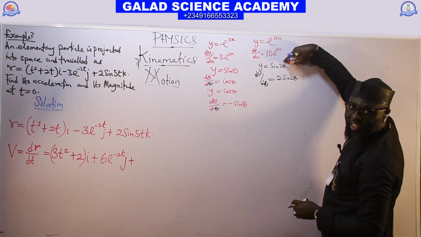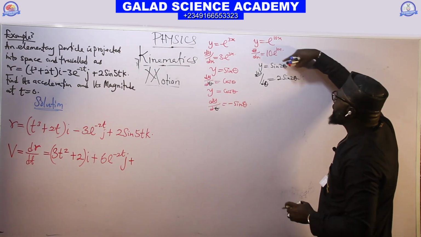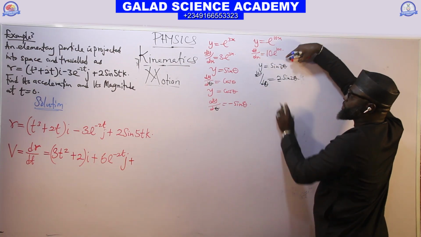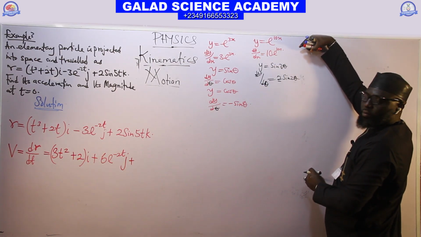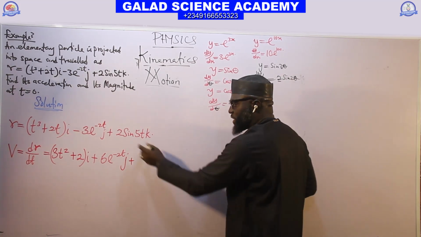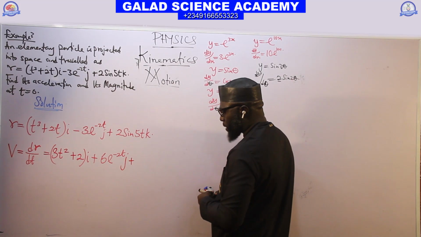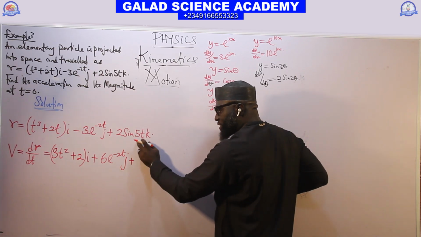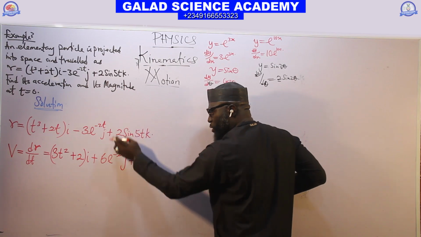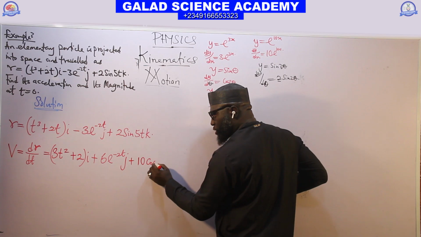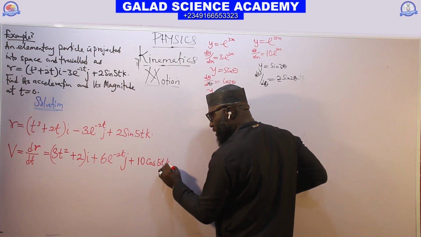So whenever you are differentiating a trig function, the value you have here will come to the front. So let us apply it here now. To differentiate the sine 5tk, the 5 will go to the front to become 10 cos 5tk.